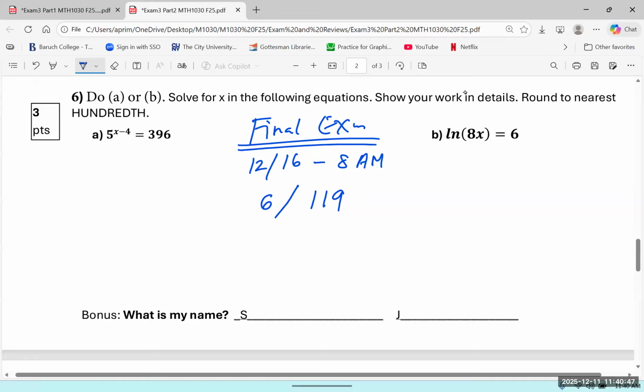So it's 2 hours, okay? Part 1 is from 8 to 9:30, which is the non-calculator part. And then part 2, which is the calculator part, will start from 9:30 to 10.